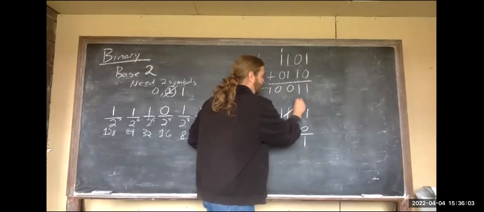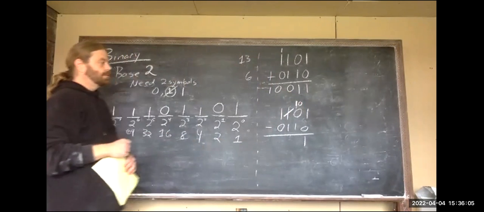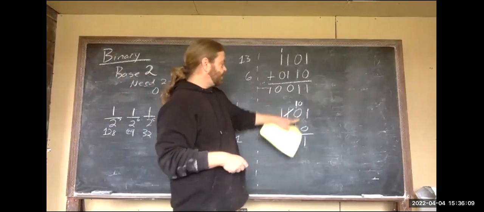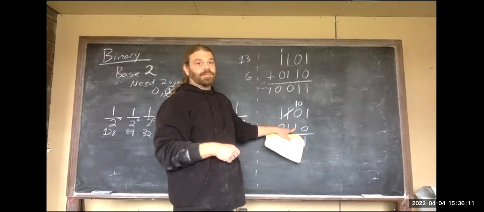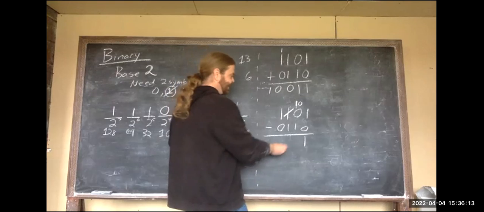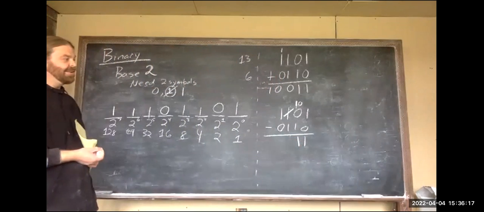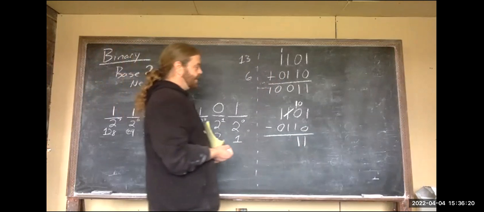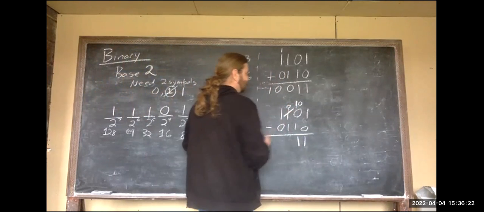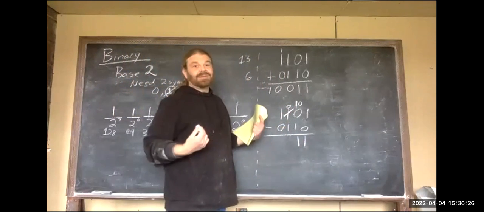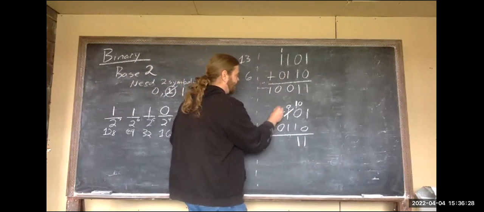So we borrow 2, or 1 0. So what's 2 minus 1? Again, kind of easy, right? Hopefully this is seeming very easy. When we borrowed, that left us a 0. So once again, 0 minus 1, we need to borrow from the next column to do that.